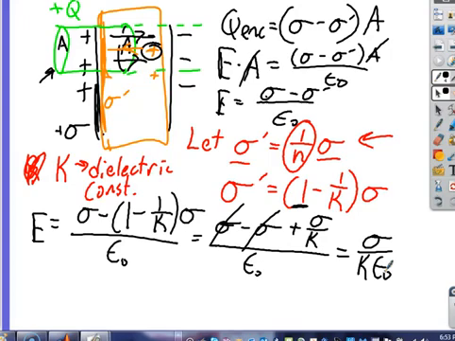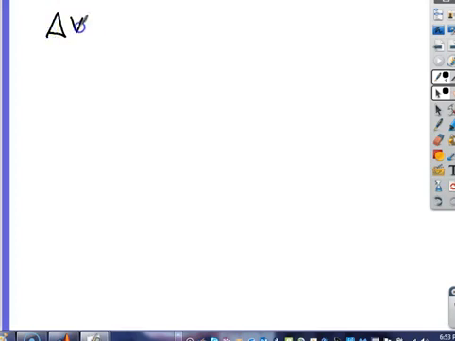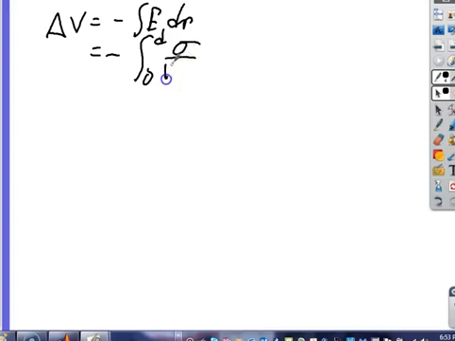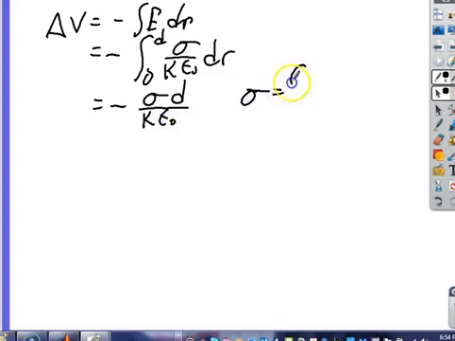And so then, if I just follow this along to its logical conclusion briefly here, delta V being equal to the integral with respect to distance, and this is from like 0 to d, of sigma over kappa epsilon naught dr. Obviously, there's not going to be any real challenge to that integral. So we end up getting the opposite of sigma d over kappa epsilon naught, where sigma is equal to the total charge divided by the total area of the plate.